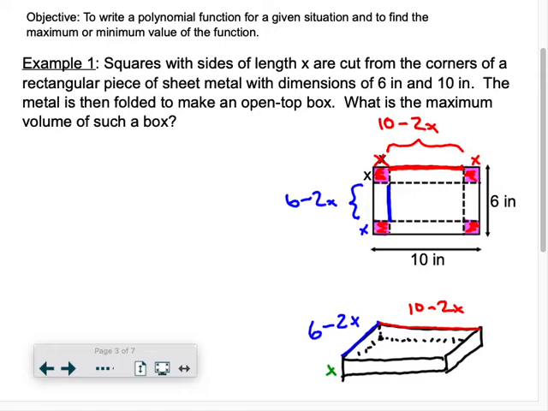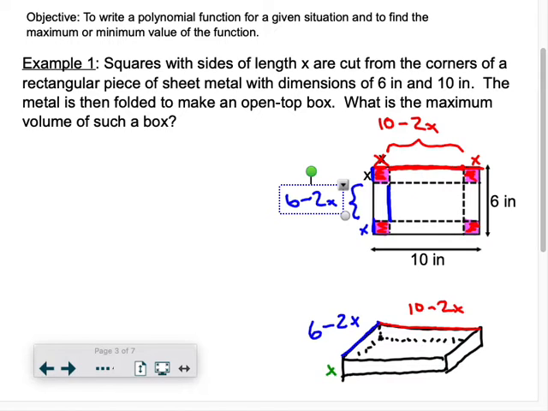So if I take this x off and then this x off, then I'm really subtracting 2x from that dimension of 10. The same thing on the other dimension: I'm taking this x off of that side, and I'm also taking this x off of that side, and the original side was 6, so I'm really subtracting 2x from that dimension of 6.